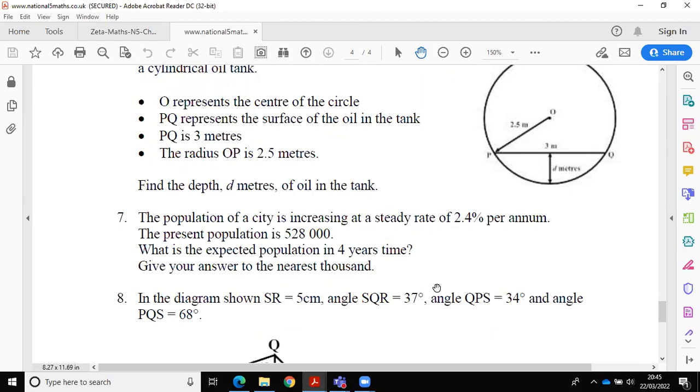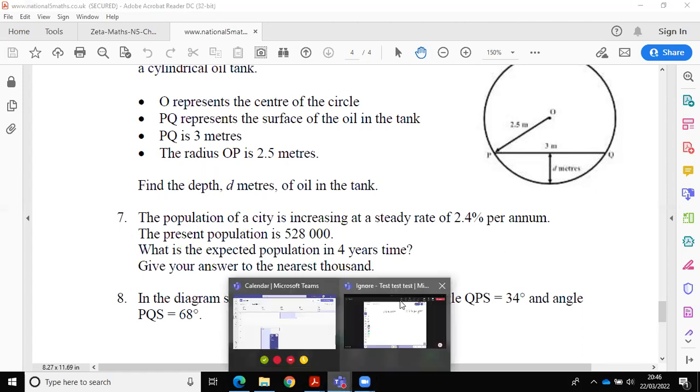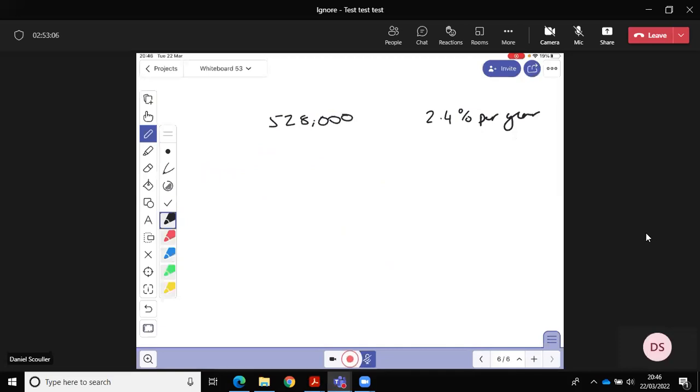The population starts at 528,000 and it increases at 2.4% per year.